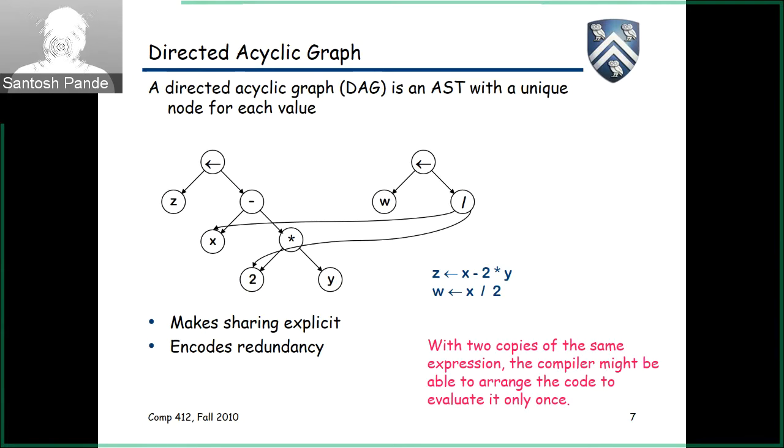So for example, if you take this IR and identify something which is common, you would avoid replicating the computation of that expression, because the further code generation stages would simply say we'll generate 2 times y, and use that result in both of these, if that were the case. Of course, in this particular example, that is not the case. It is just that there are shared operands here.